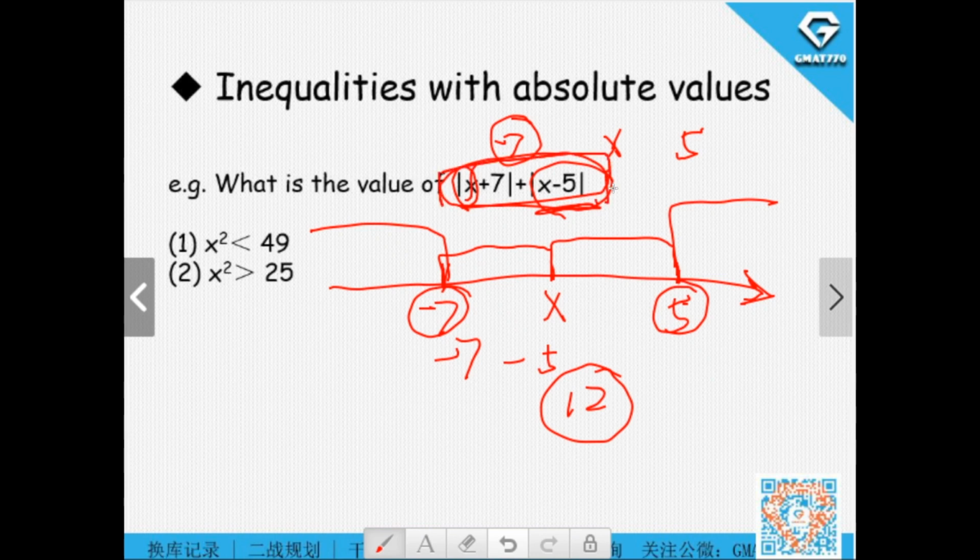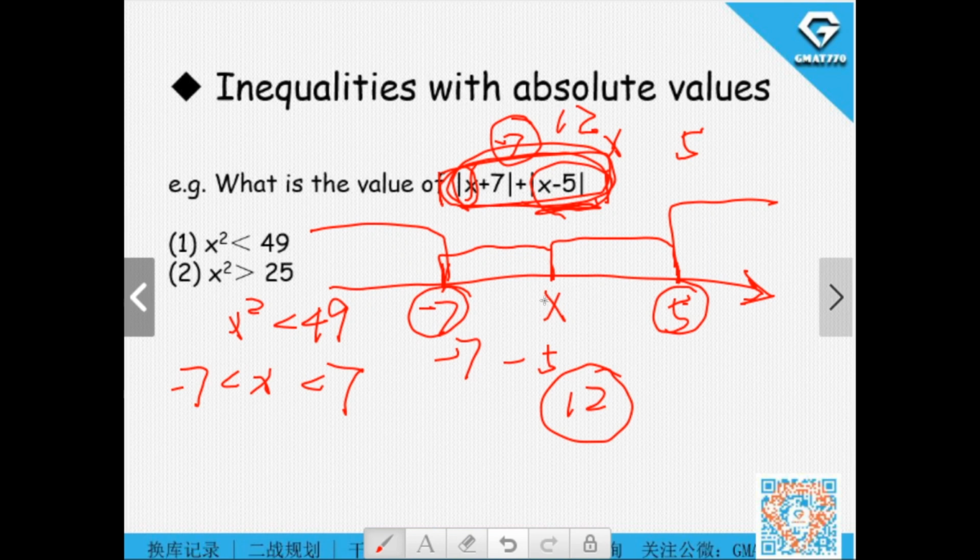So let's look at statement 1. Statement 1 tells us that the square of x is less than 49, so x is greater than negative 7 and less than 7. As we have discussed, if x is between negative 7 and 5, no matter what the value of x is, this value will equal 12.